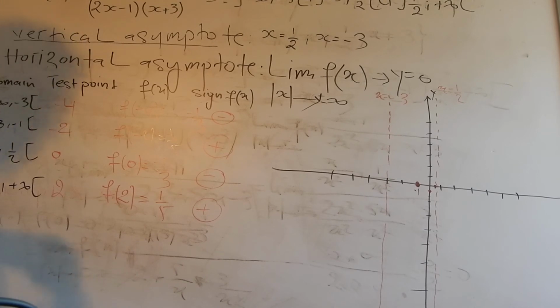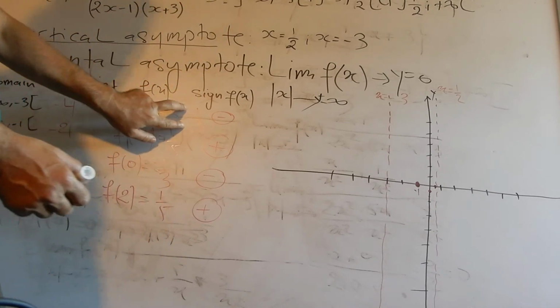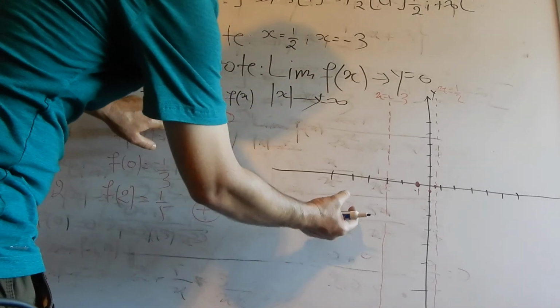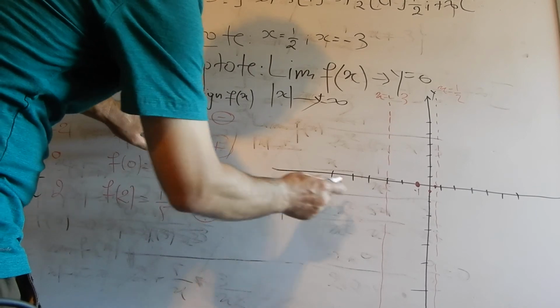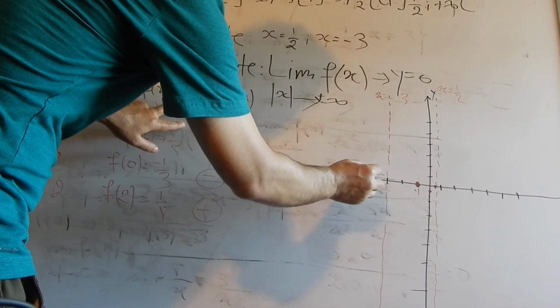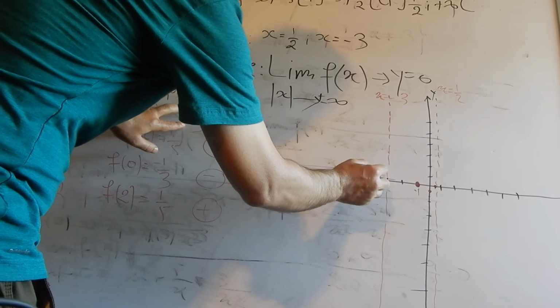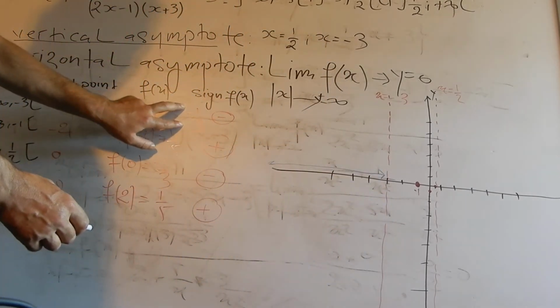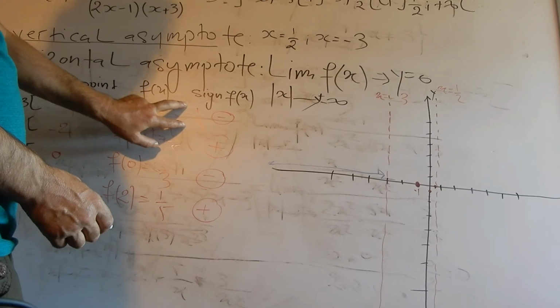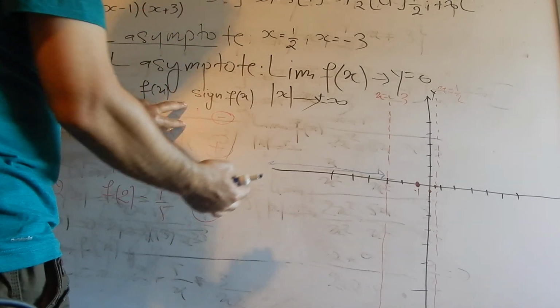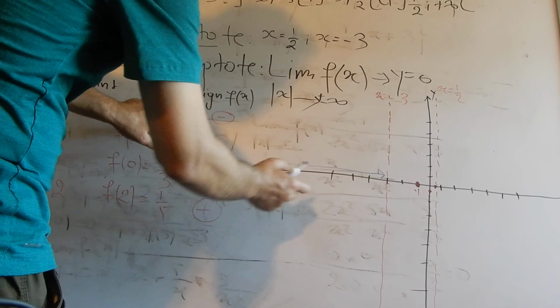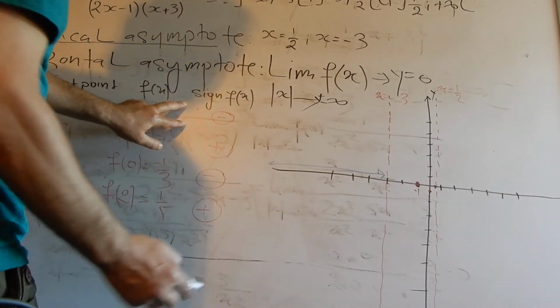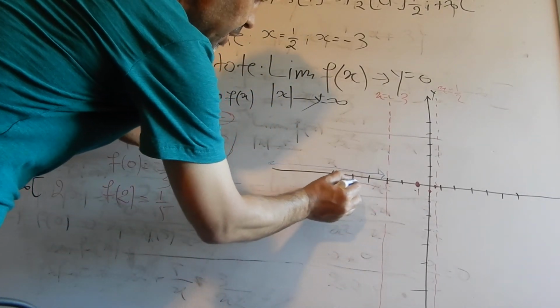So from all this information, now we can plot the graph. In the domain minus infinity to minus 3, the sign of f of x is negative. That means in this domain right here, f of x is negative, and the graph doesn't cross the x or the y axis. That means the graph is going to be just like here.